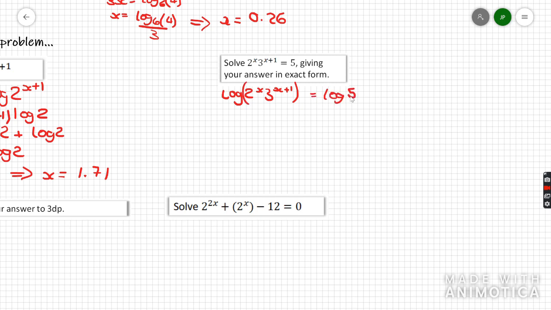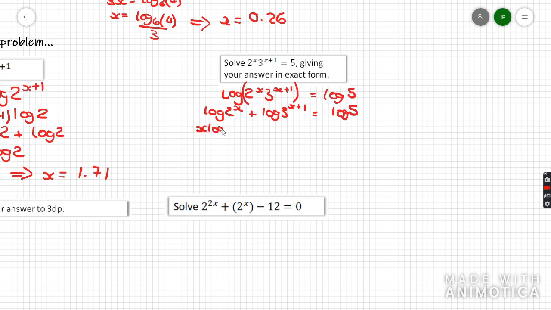Okay, so we log both sides. Now, one of the other log laws we should remember, hopefully, is if we've got something multiplied together, which it is in here, we can separate the logs with an addition. So this will become log 2 to the x plus log of 3 to the x plus 1 equals log 5.